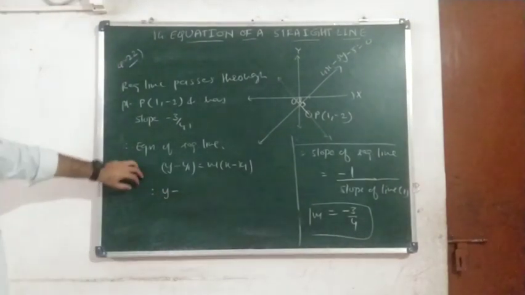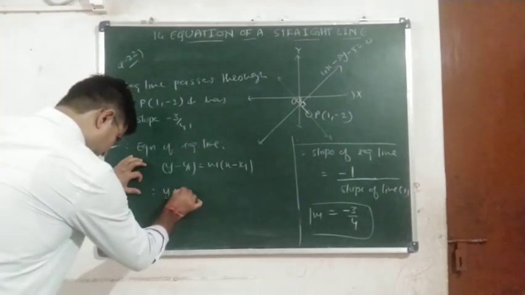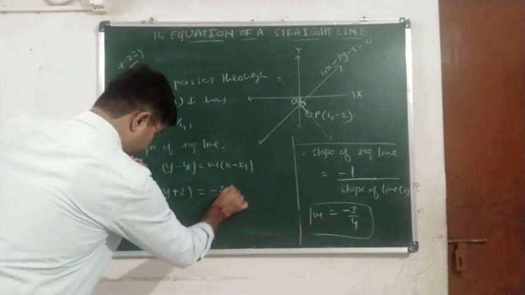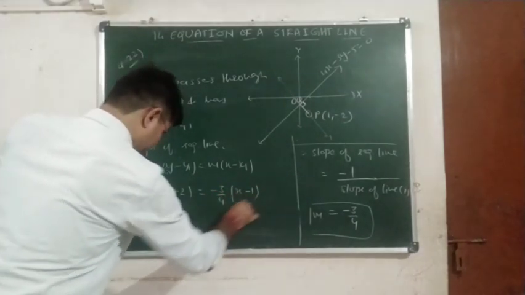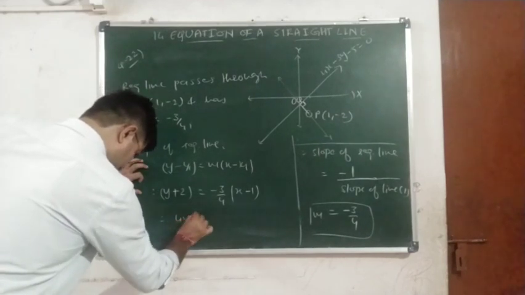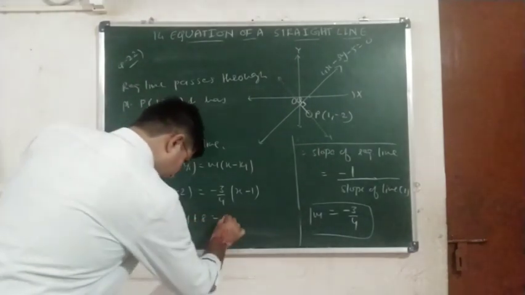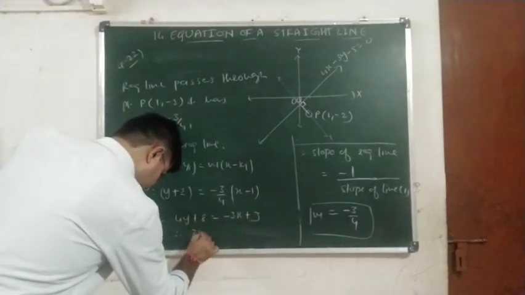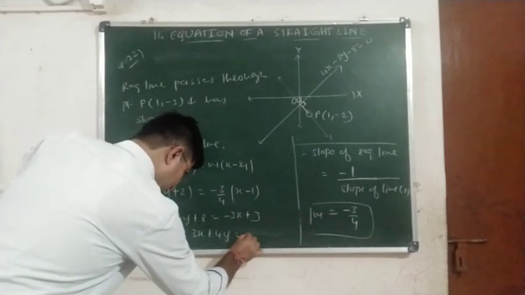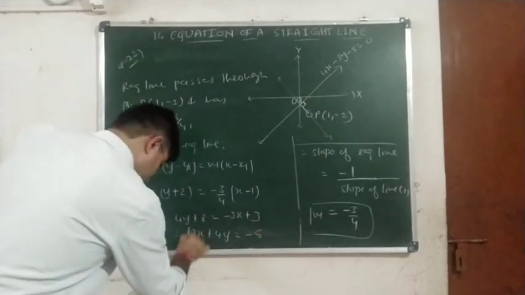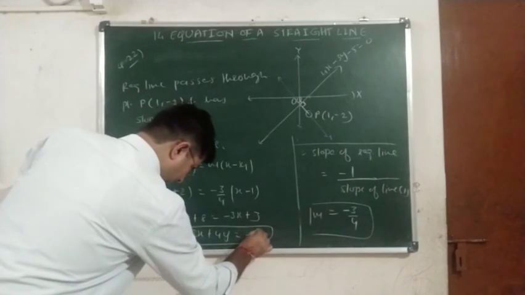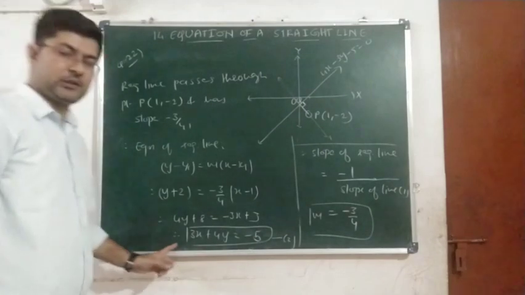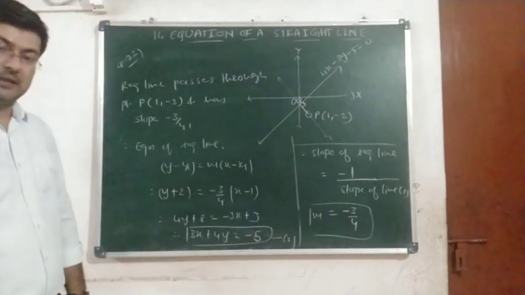What is y1? y1 is -2, so y + 2 = (-3/4)(x - 1). Therefore 4y + 8 = -3x + 3, and therefore 3x + 4y = -5. This is equation 2, the equation of the required line.